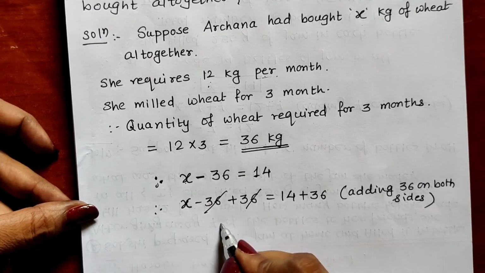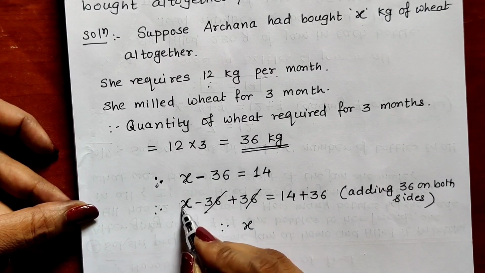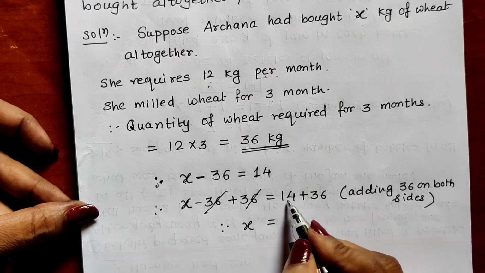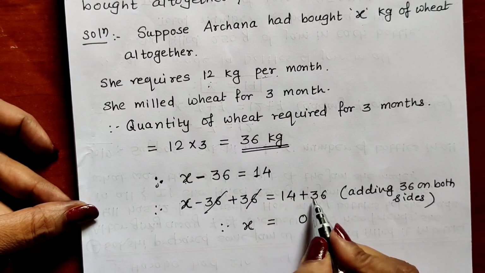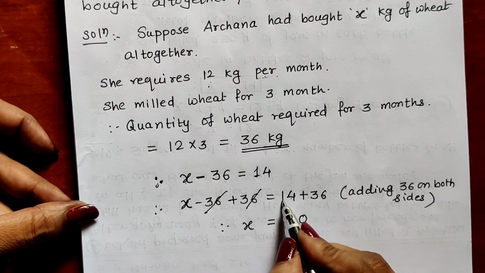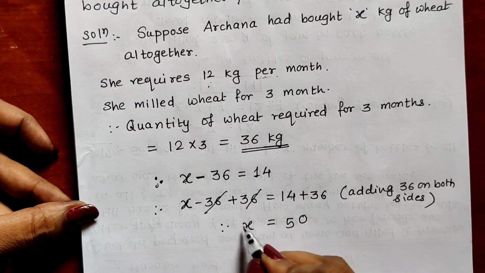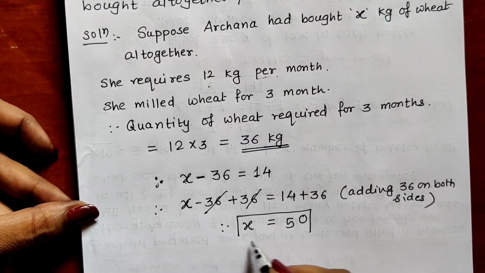Minus 36 plus 36 is 0, we are getting X only. And 14 plus 36, 4 plus 6 is 10, 0 written, 1 carrying, 3 plus 1 is 4 plus 1 is 5. So X is equal to 50.